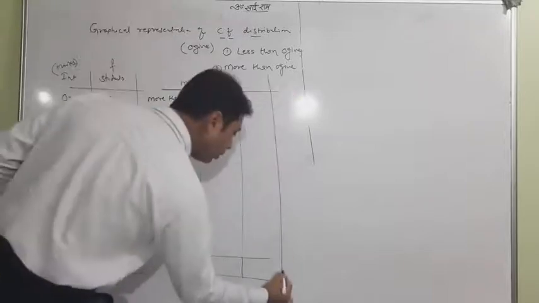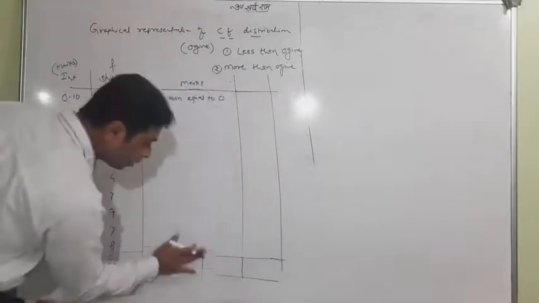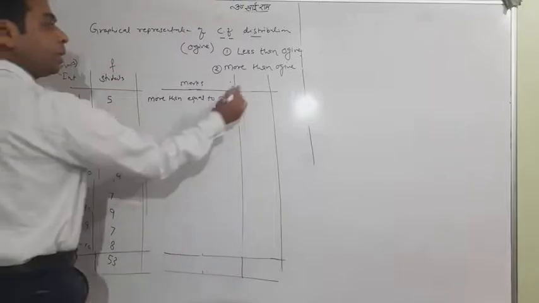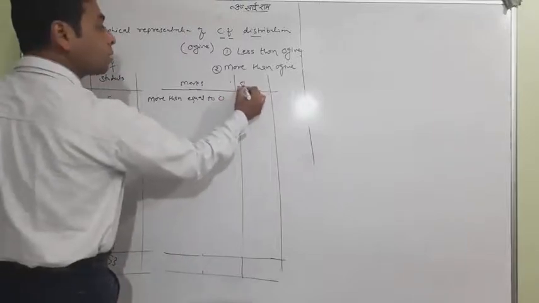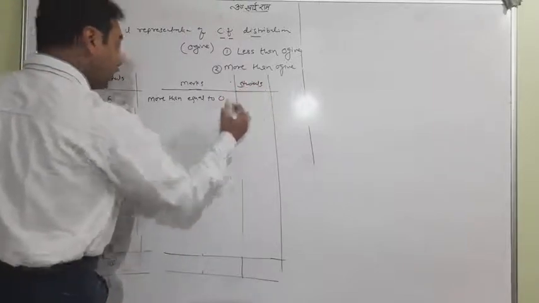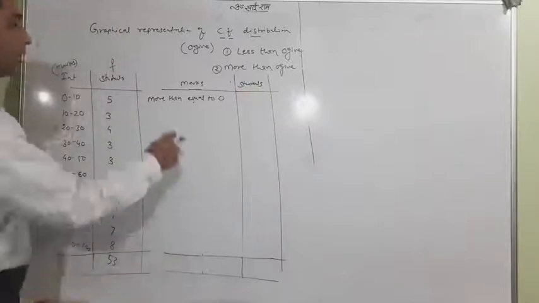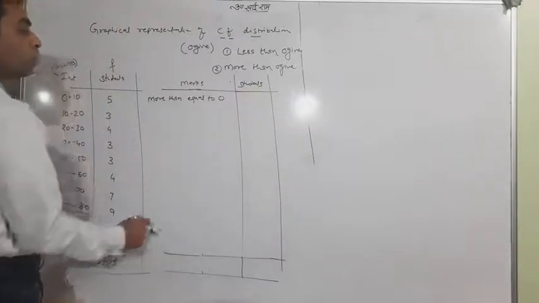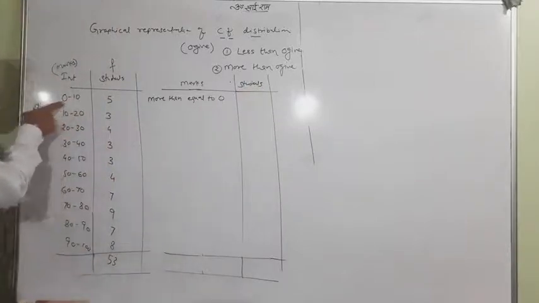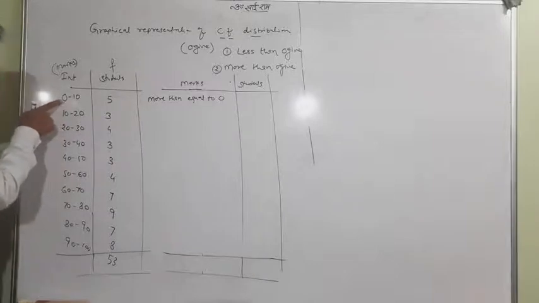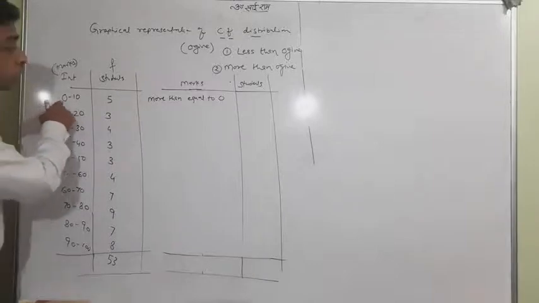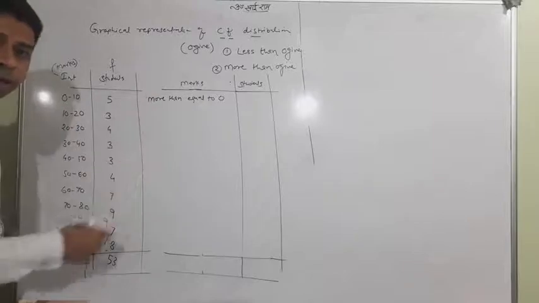What does it mean? Try to understand the meaning, students. More than or equal to 0 means we have to count all the students who got more than 0 marks.